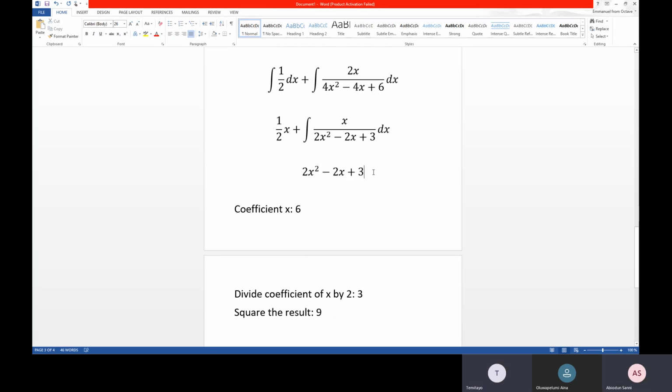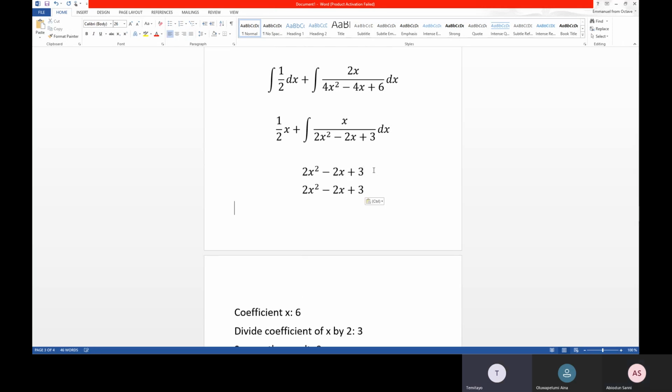Is it 1? No, it is not 1. Since the coefficient of x squared is not 1, you have to factorize it so that it becomes 1. So you have to factorize 2.